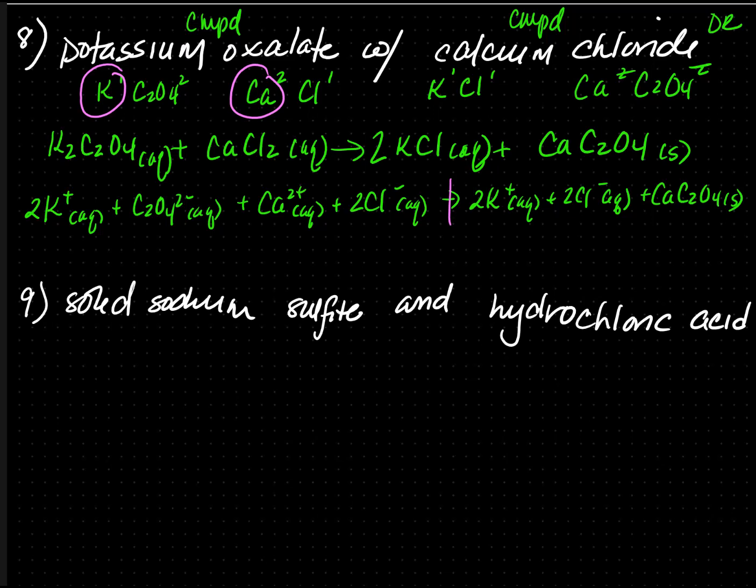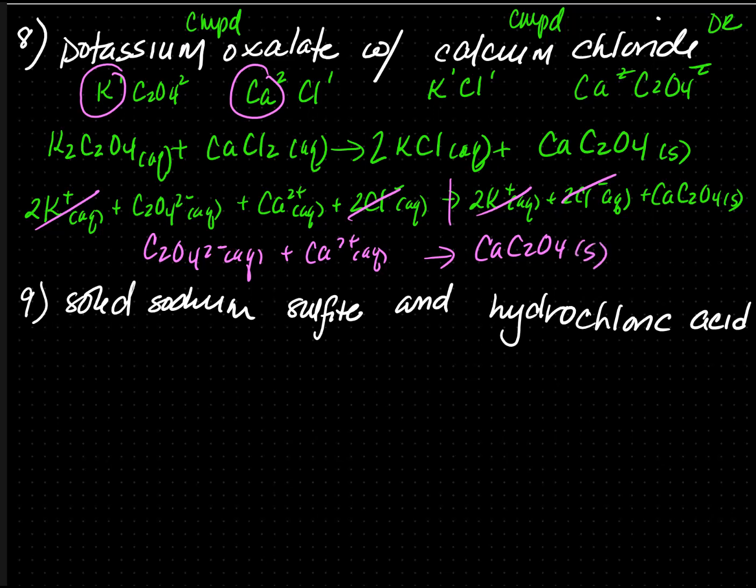Now we're going to simplify. Anything that is the same, we're going to cross out. The K pluses and the Cl minuses are exactly the same, so they will cancel out. We're going to recopy, so that's C2O4 2 minus AQ plus Ca2 plus AQ yields CaC2O4 solid.